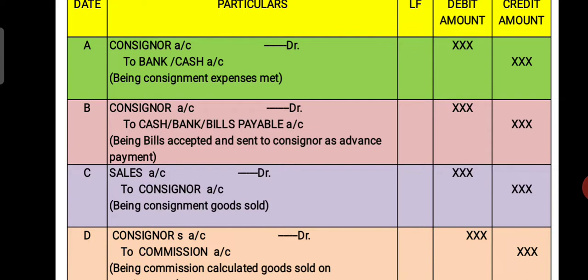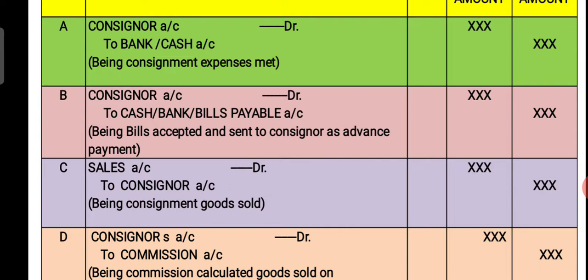And second entry, you see, whenever we pay some amount in advance or whenever we accept bills receivable. For the consignor, that is the bills receivable. For us, that is bills payable, because here we are the consignee. So when we accept the bills receivable, it becomes bills payable for us. So we write the entry whenever we accept the bills payable. What is that entry?